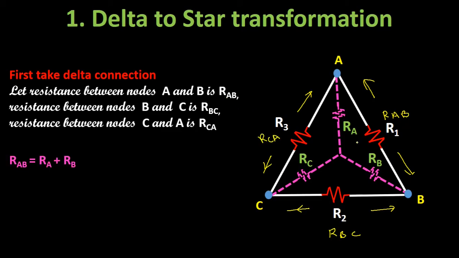Now if we see the star connection, then we can see that this RAB will be equal to RA plus RB. Okay. Similarly, RBC will be equal to RC plus RB, and RCA is equal to RC plus RA.